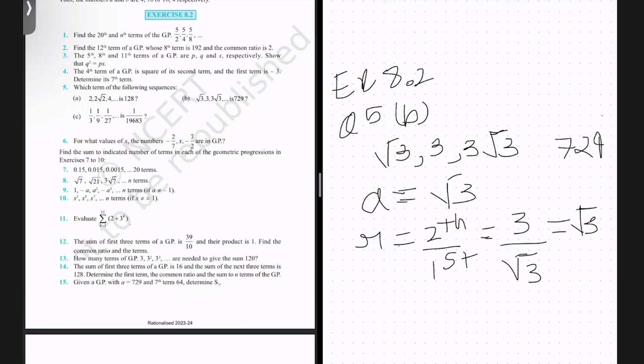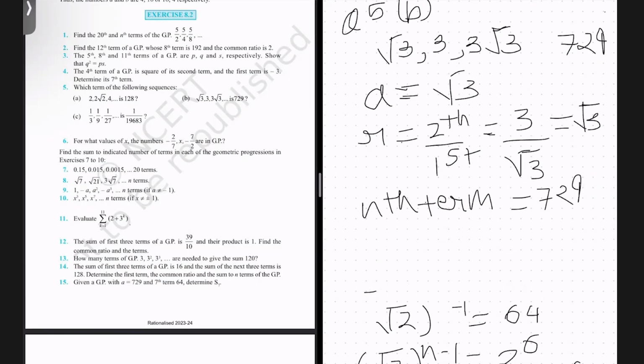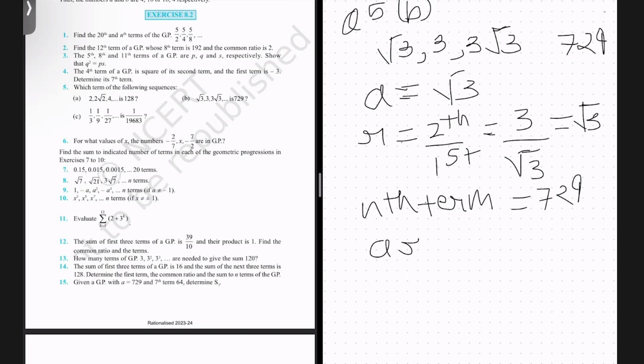So the nth term is 729, and we need to find out the value of n, right? So the nth term could be denoted by a r to the power n minus 1, and that equates to 729, right?